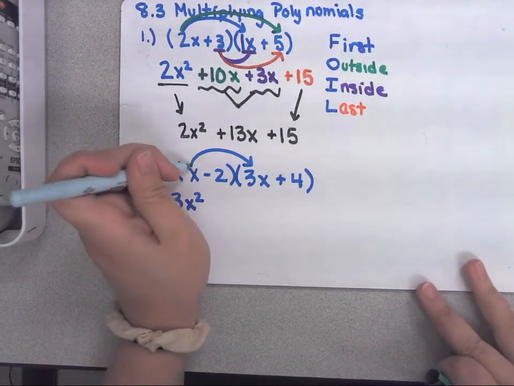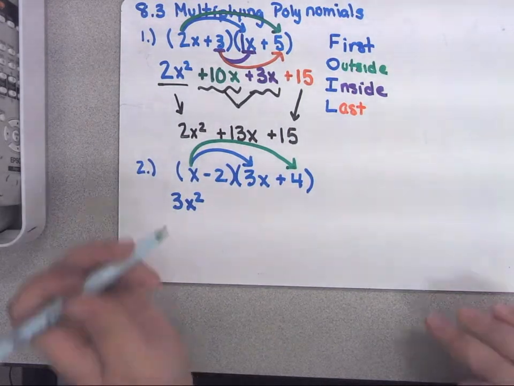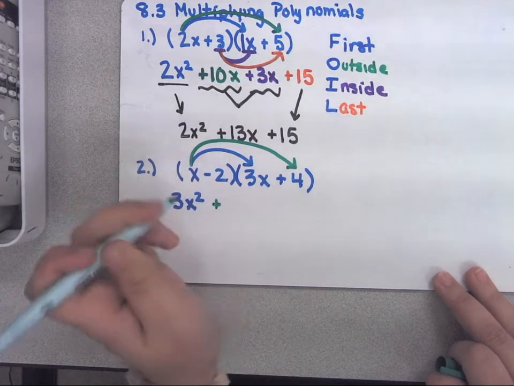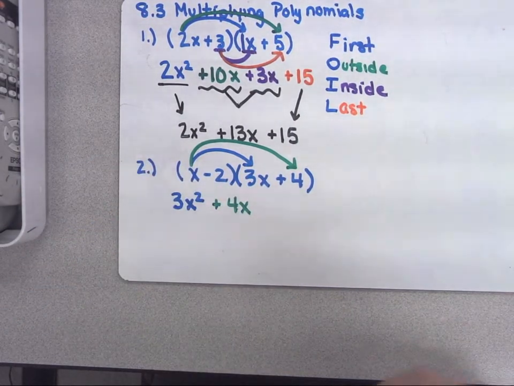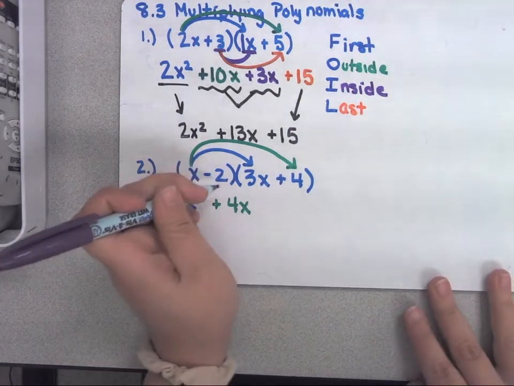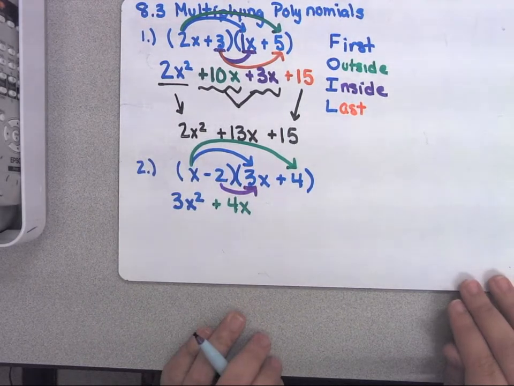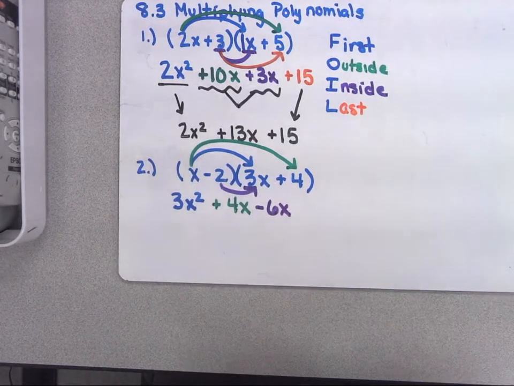O, x times 4. 1x times 4 turns into what? 4x. Correct. I for inside, negative 2 times 3x, negative 6x.